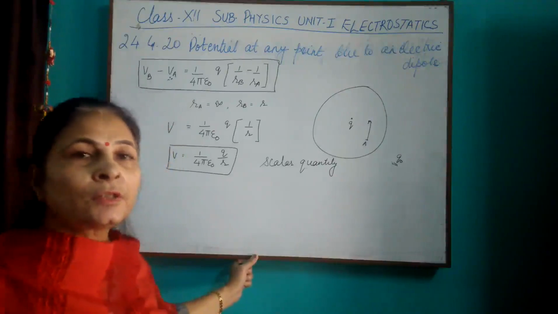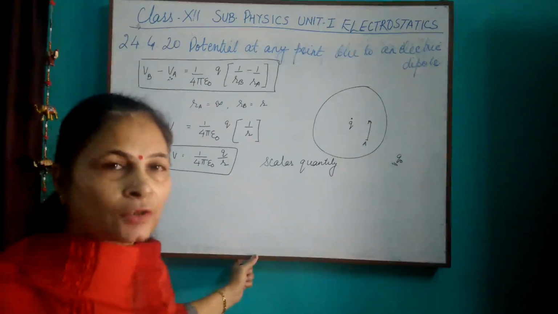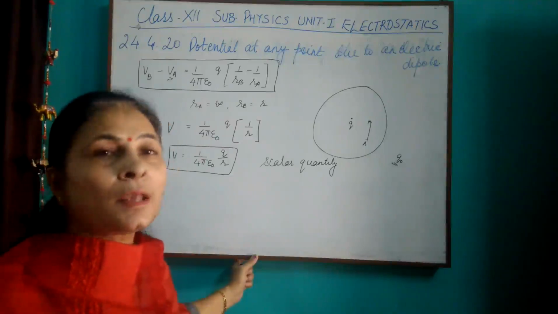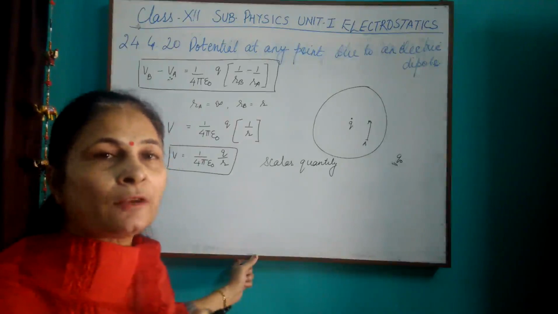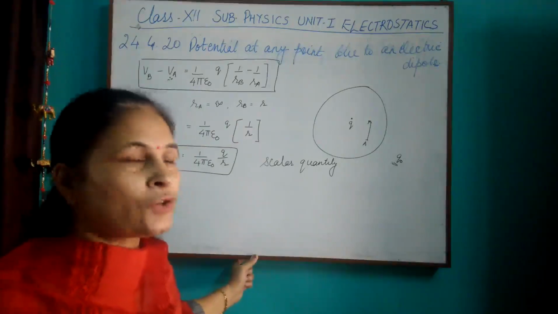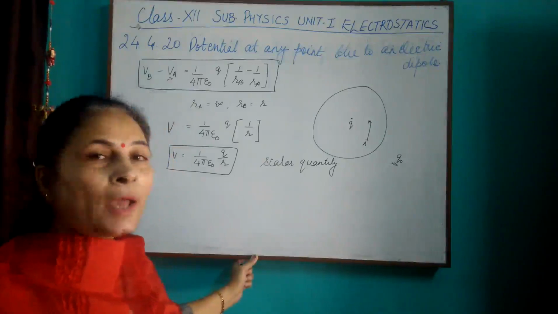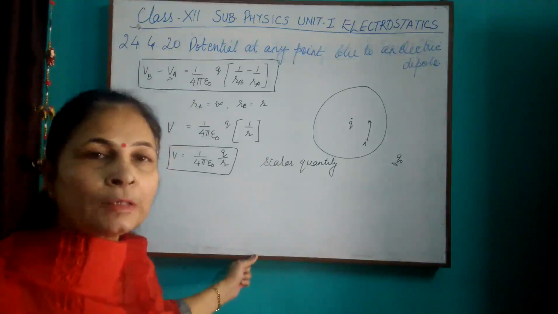The sign of the charge was used only for determining the direction. Here in this case, it will be used in the expression itself, as it does not have anything to do with the direction.